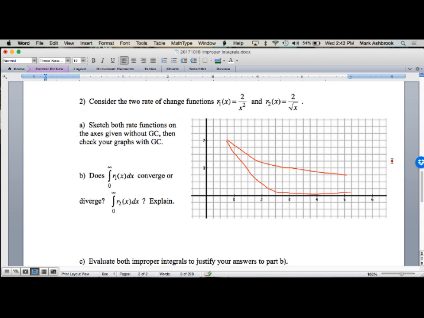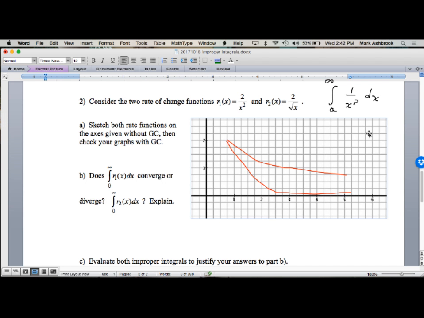That limit will be 0 as x gets large, but it will get there a lot more slowly. And remember from last time, we talked about the integral of 1 over x to the p, or say a.